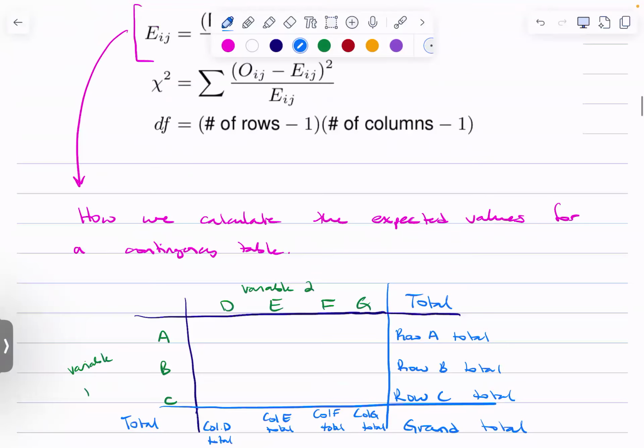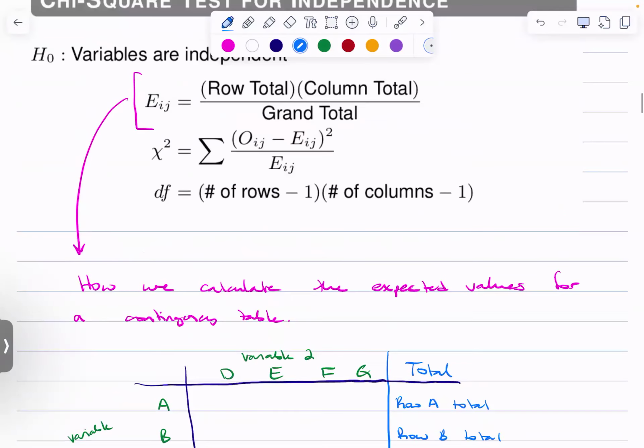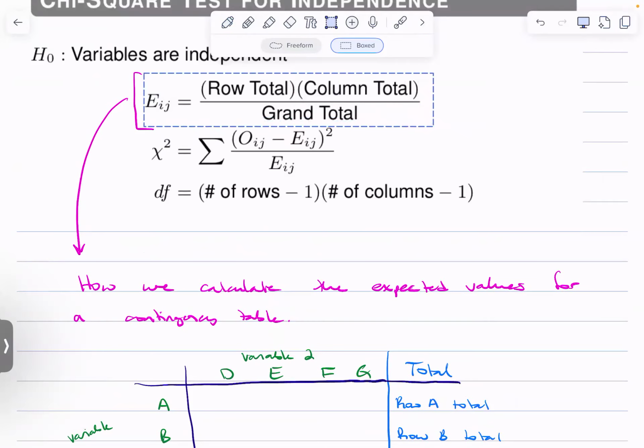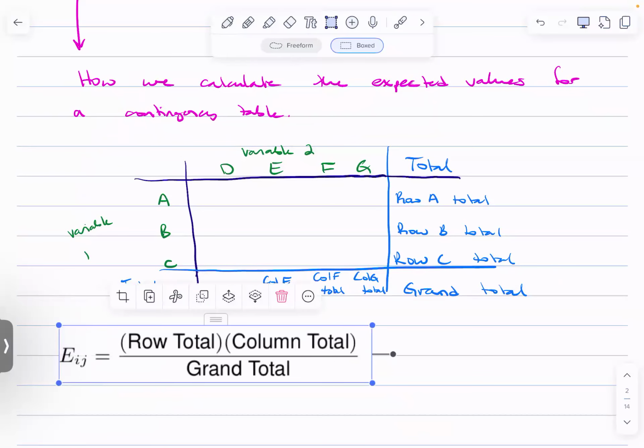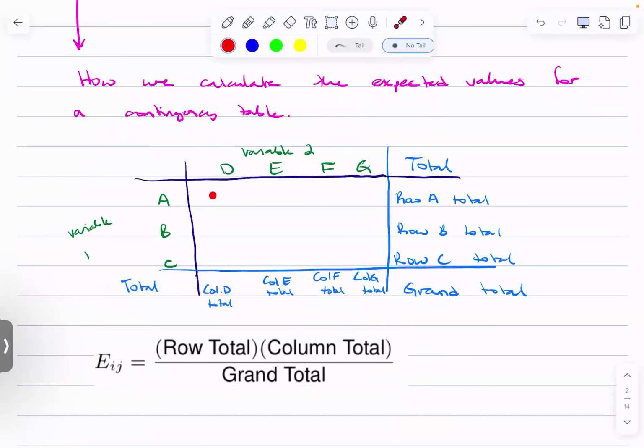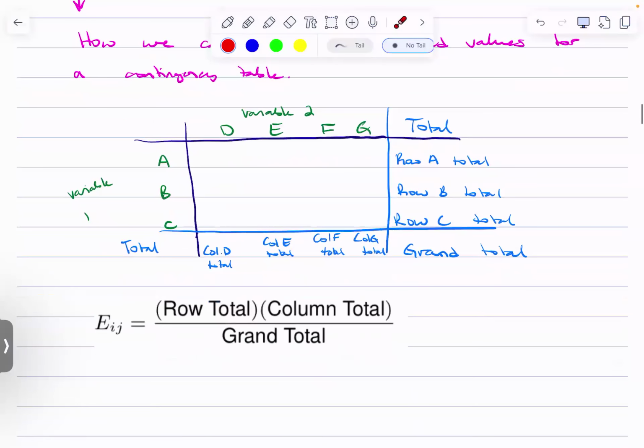So when you need to find the expected counts, they're going to vary slightly for each cell. When it says E_ij, all it means is for the ith row and the jth column.